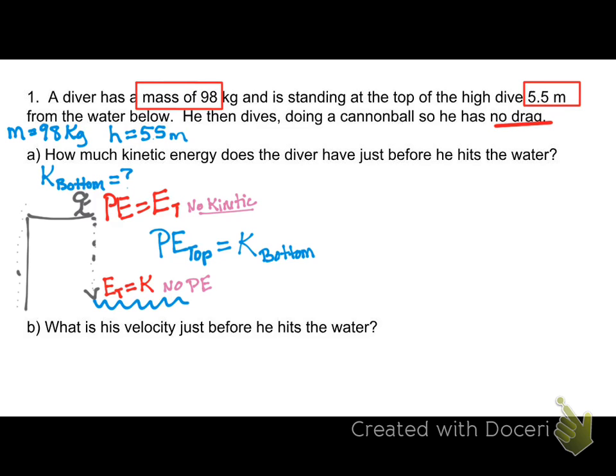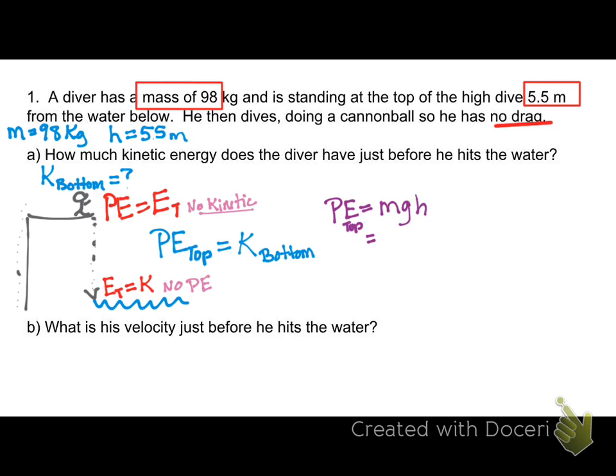So in order to calculate this, I know I can calculate my potential energy at the top. This is going to be equal to mass times the acceleration due to gravity times your height.